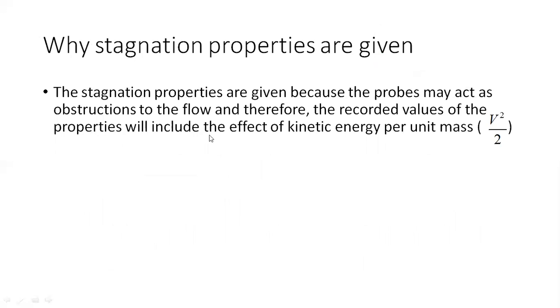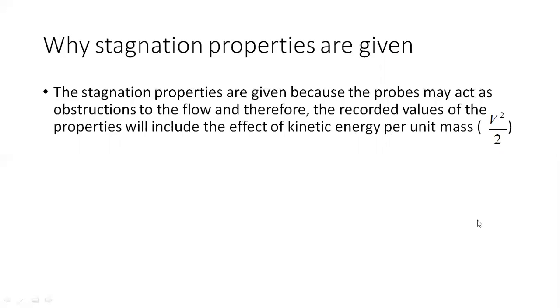So that is what I have written here. The stagnation properties are given because the probes may act as obstructions to the flow, and therefore the recorded value of the properties will include the effects of kinetic energy per unit mass, that is V square by 2.